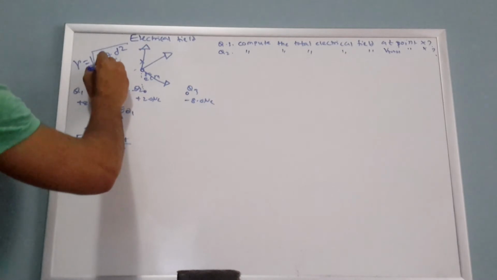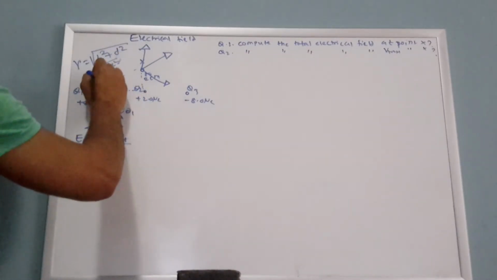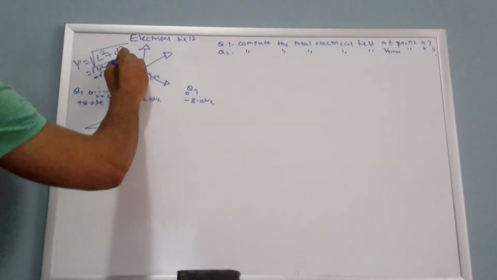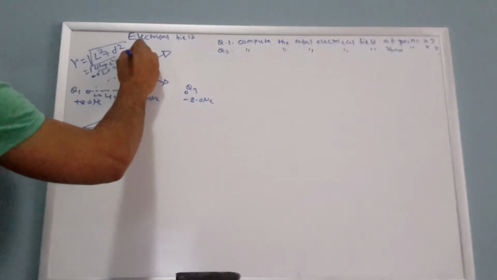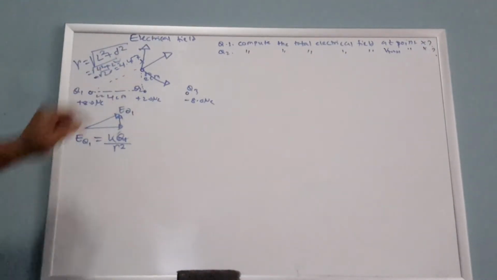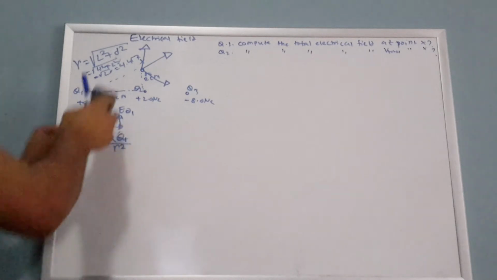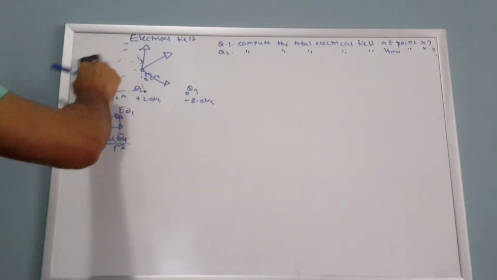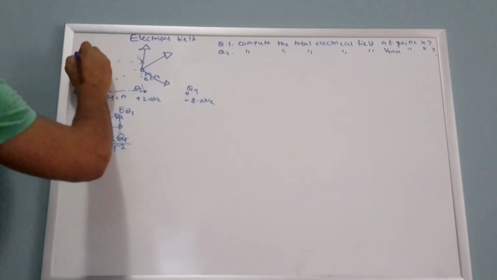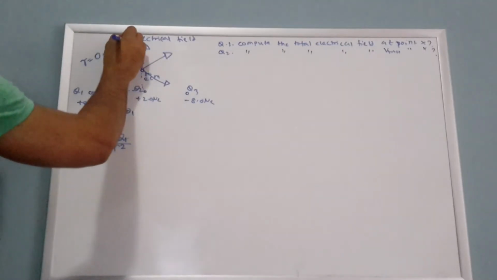Root over 4 squared plus 2 squared is equal to root over 20, 4.47 centimeters. If you divide it by 100, R is equal to 0.0447 meters.